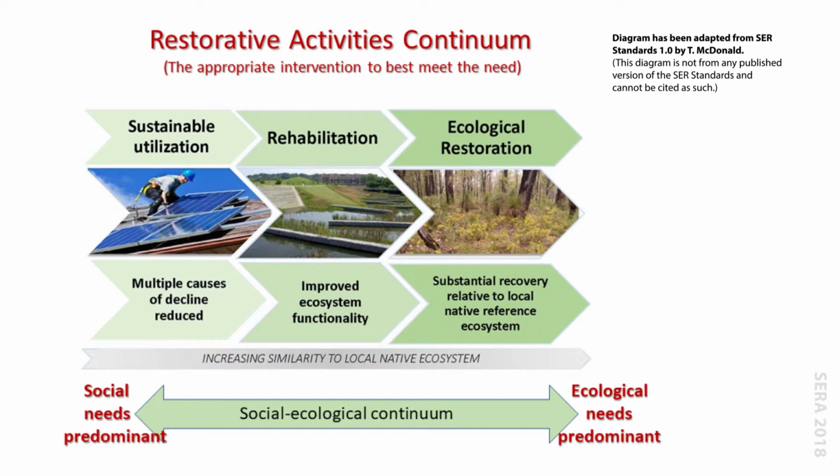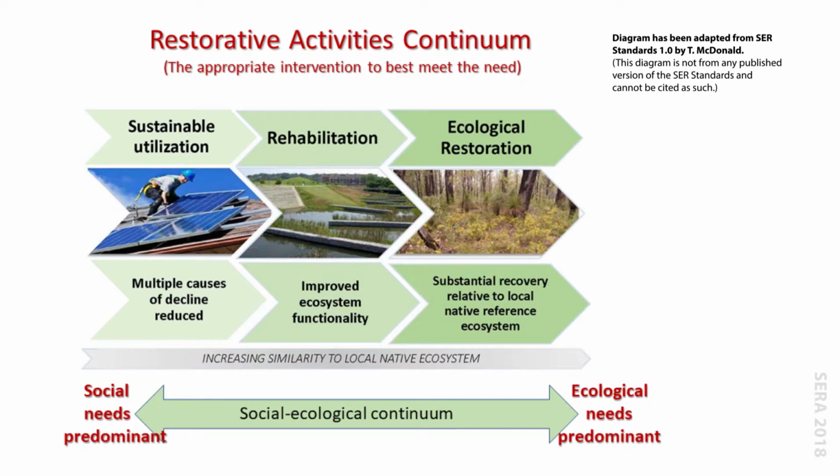As you can see from the little subheading underneath the main heading, these describe the appropriate intervention to best meet the need between what is on the left-hand side social needs. The social needs predominate at that end, and at the right-hand side, ecological needs predominate. So we're talking about horses for courses. What is the most appropriate activity at which part of the spectrum?